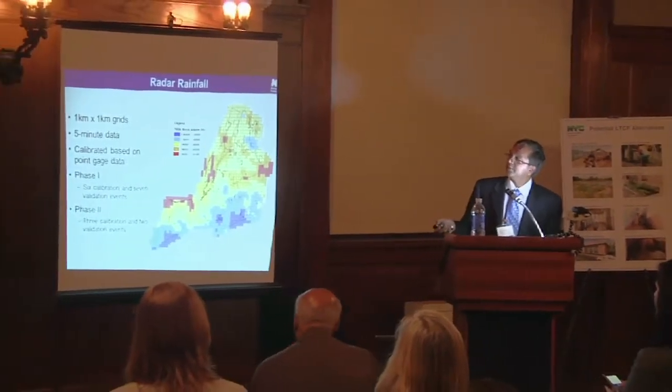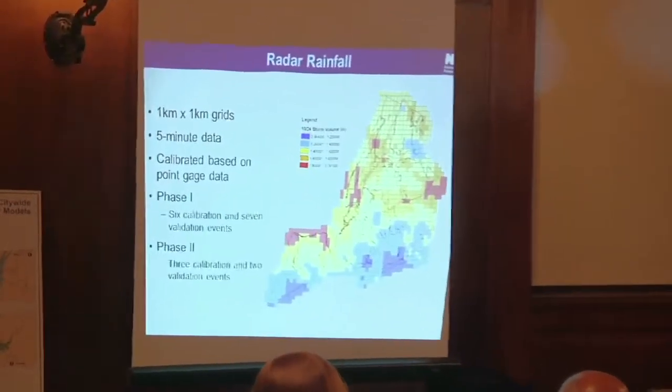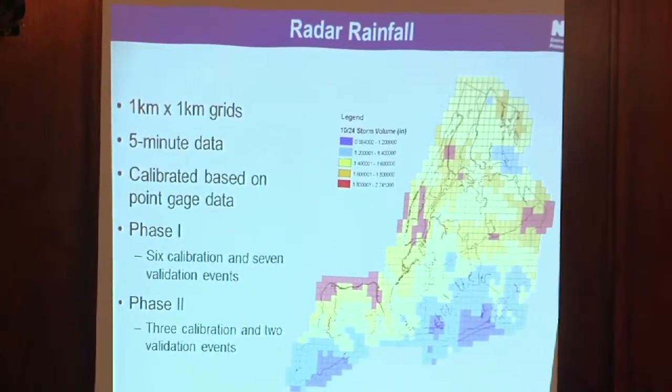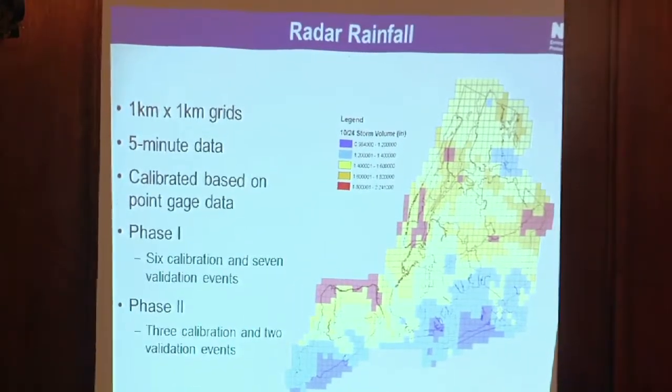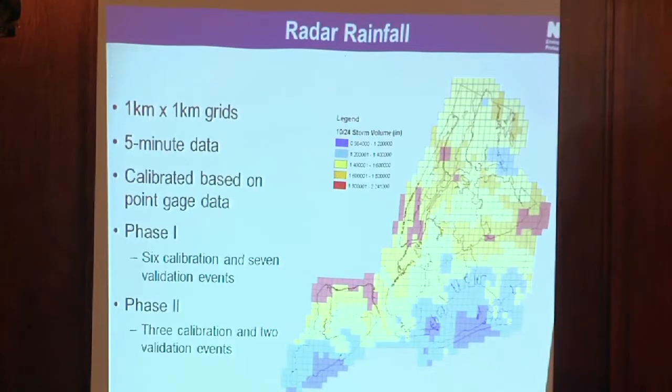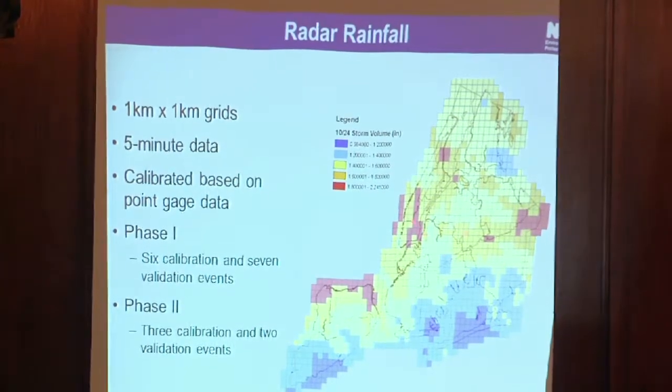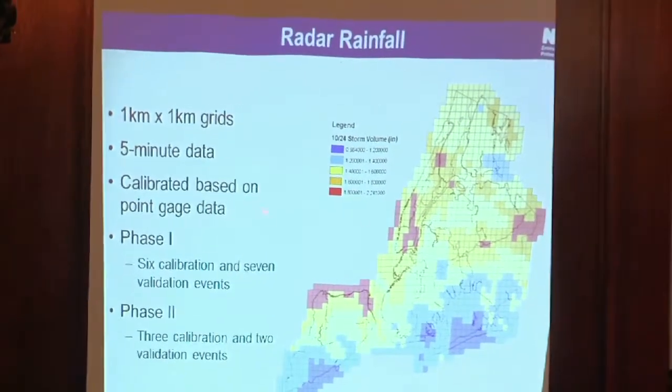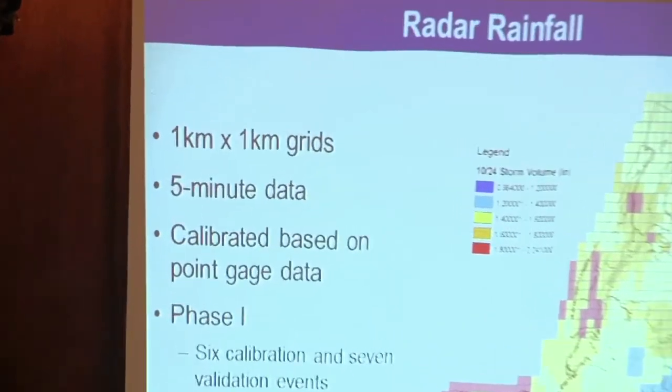For the radar rainfall data, instead of using the 3 airport data and also the Central Park location data, for this entire huge New York City metropolitan area, we obtained 1 kilometer by 1 kilometer rainfall data from a vendor.